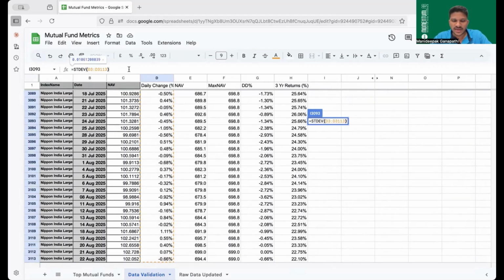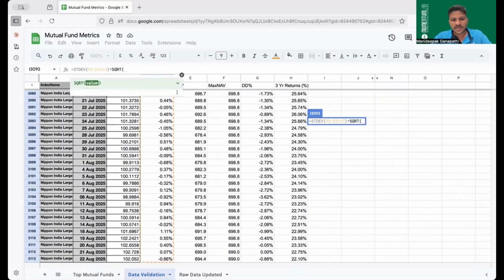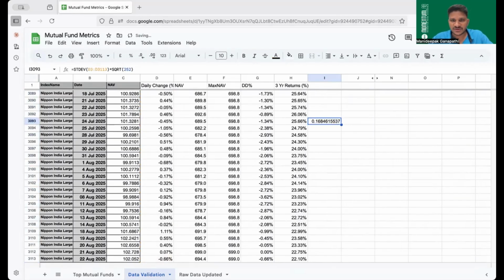Once you get the daily fluctuations in standard deviation, you can multiply that with the square root of 252 to get the standard deviation, or what you call annual volatility of that fund. And remember, we multiplied that with the square root of 252 to convert the daily volatility into annual volatility. That's as simple as that. So 16.8% is the annual volatility.